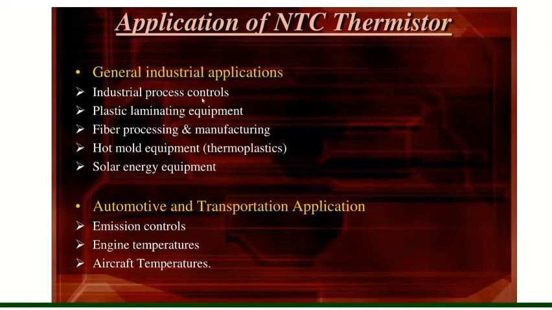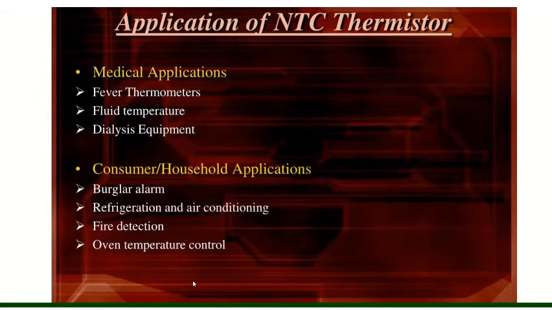The applications of NTC are listed here. General industrial applications are mainly in process control, plastic laminating equipment, fiber processing and manufacturing, hot mold equipment, solar energy equipment, etc. In automotive or transportation applications, you can imagine emission control, engine temperature, aircraft temperature and all.